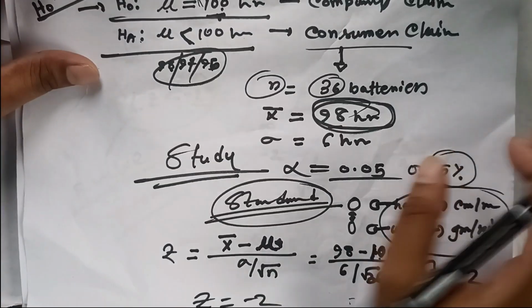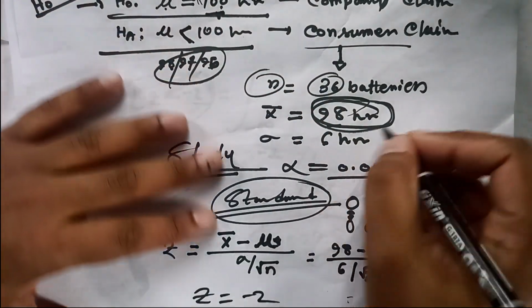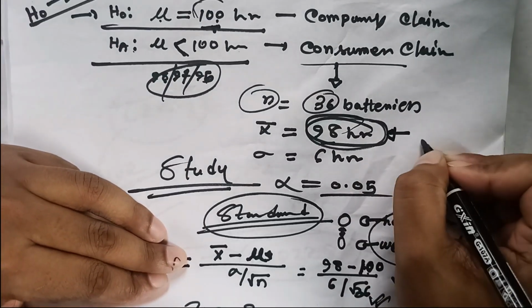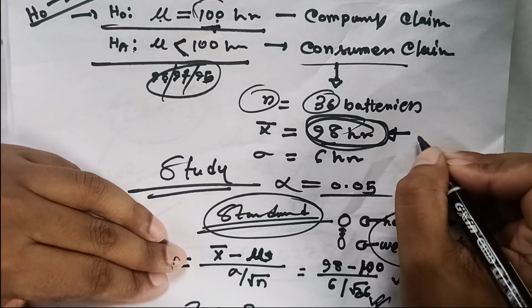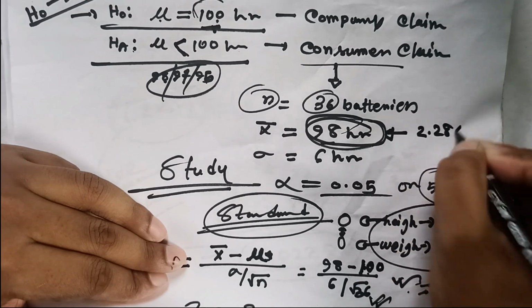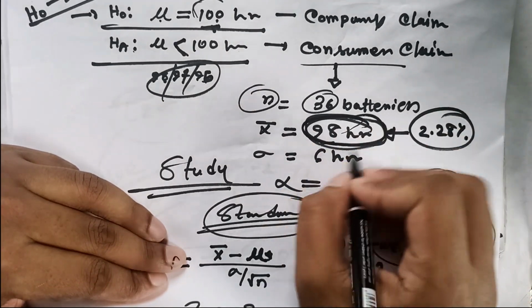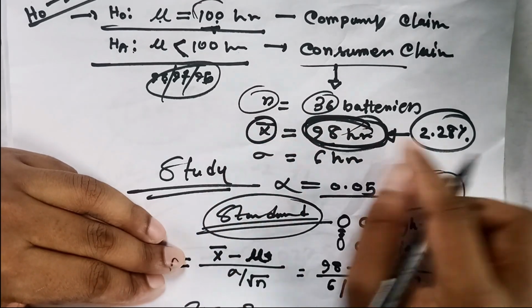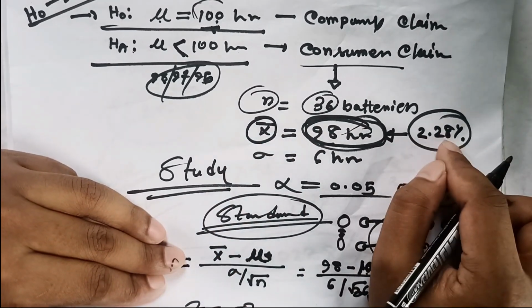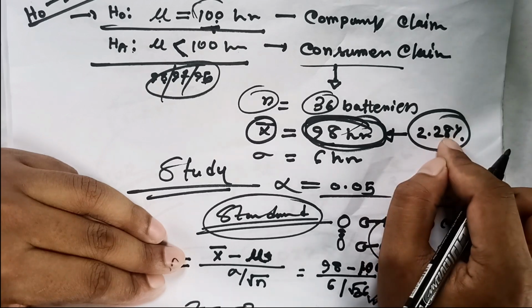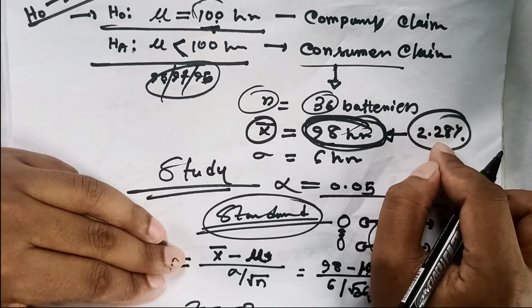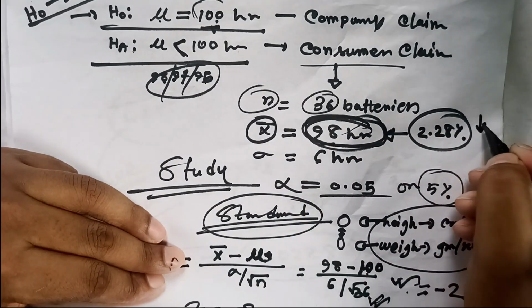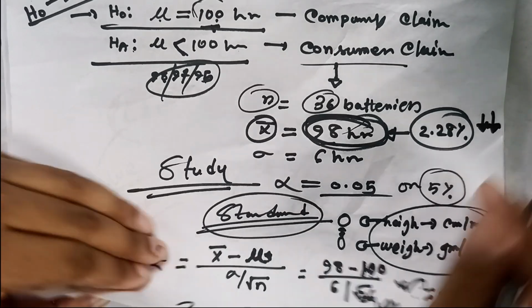We should reject the null hypothesis, because this sample statistic will come out only 2.28% of the time, out of 100% of the total time, and this is very low.